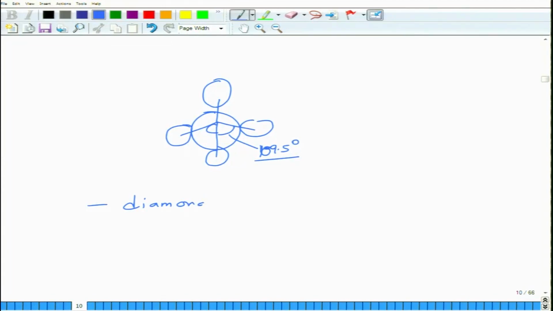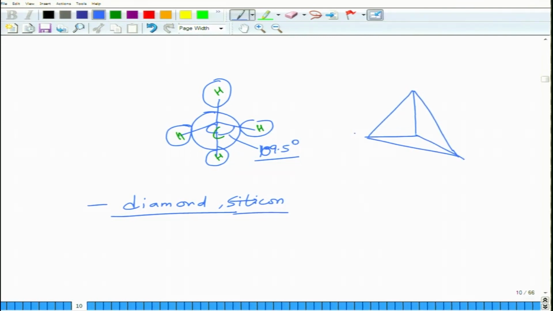The same happens in diamond or silicon. In case of methane, this would be carbon, and these would be hydrogen. In case of silicon, if I just make a tetrahedra, this is one silicon, this is another silicon, this is another silicon, this is another silicon, and one silicon will be sitting somewhere in the center.